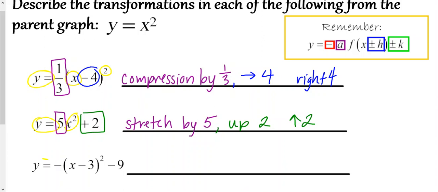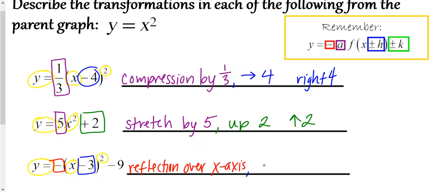All right, I'm going to circle my parent graph. So I have y equals x squared. Okay, first thing I notice is I have a negative sign in the front, and that means there is a reflection over the x-axis. And then I also have a minus 3 on the inside.